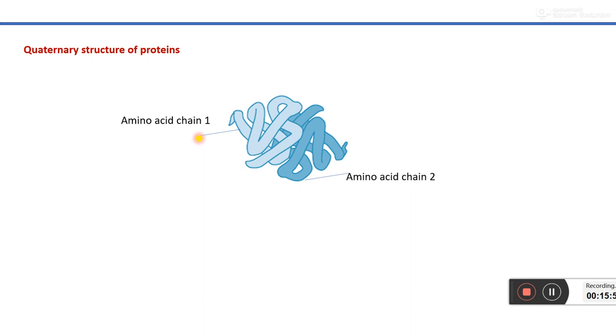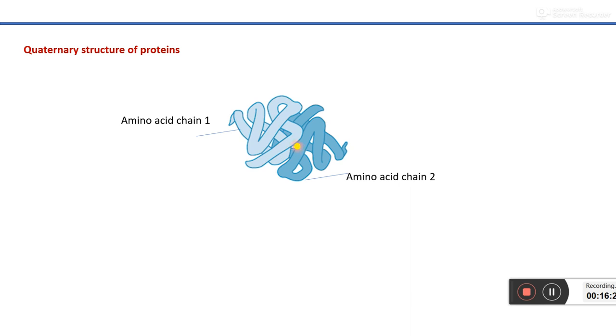So now I would like to discuss the quaternary structure of protein. Many proteins are made up of a single polypeptide chain, and they only have three levels of structure, that is primary, secondary and tertiary structures, and I have discussed all of these. However, some proteins are made up of multiple polypeptide chains, and when these polypeptide chains come together, they give the protein its quaternary structure.